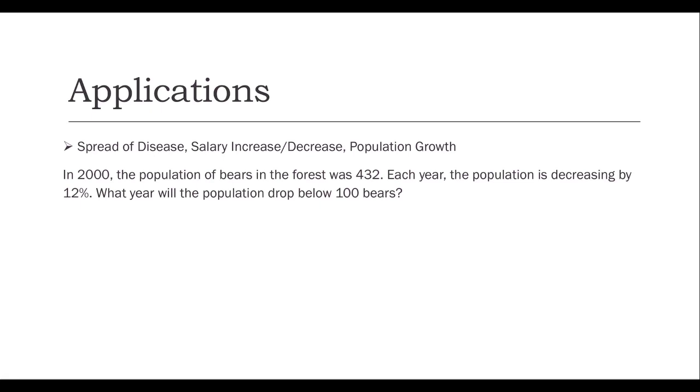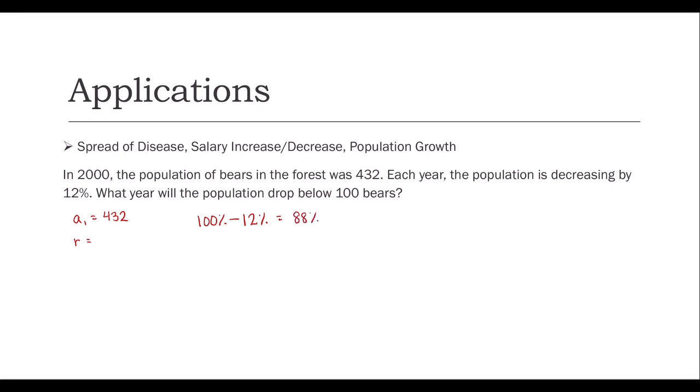So we have our A sub 1, our initial population, is 432. And we also need to know our rate. So our rate, it says the population is decreasing by 12%. So to figure out the rate that the population is changing, we take 100% minus 12%, which will give us 88%.